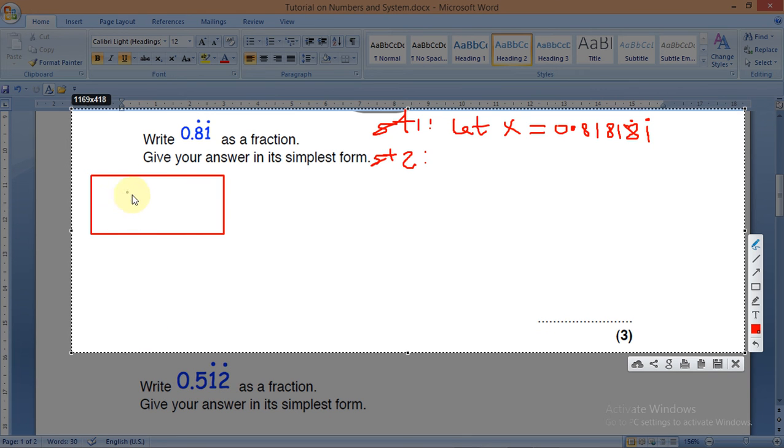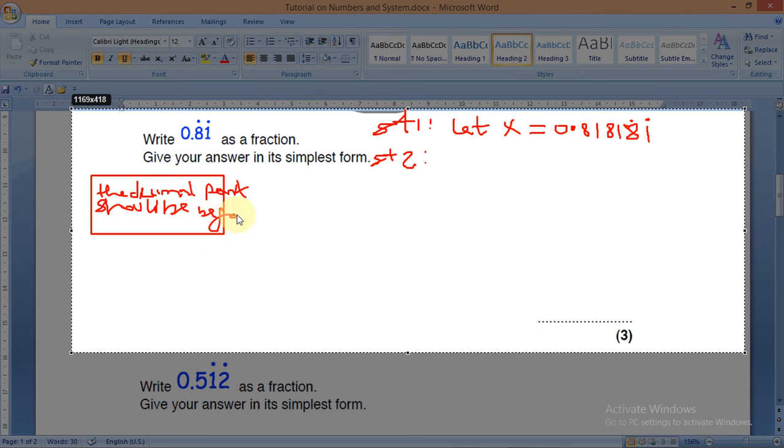Okay, so this rule overrides that. I'm giving you a better concept now beyond what is inside the board work. So now this rule states that the decimal point should be before the very first recurring digit.